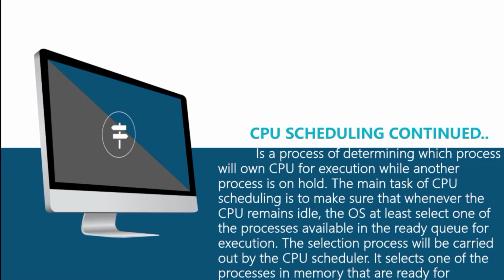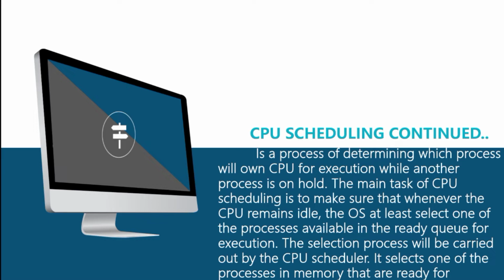The main task of CPU scheduling is to make sure that whenever the CPU remains idle, so when we say idle, the CPU has nothing to do, and there's no program to be executed, and there's no processes that are available to be executed.